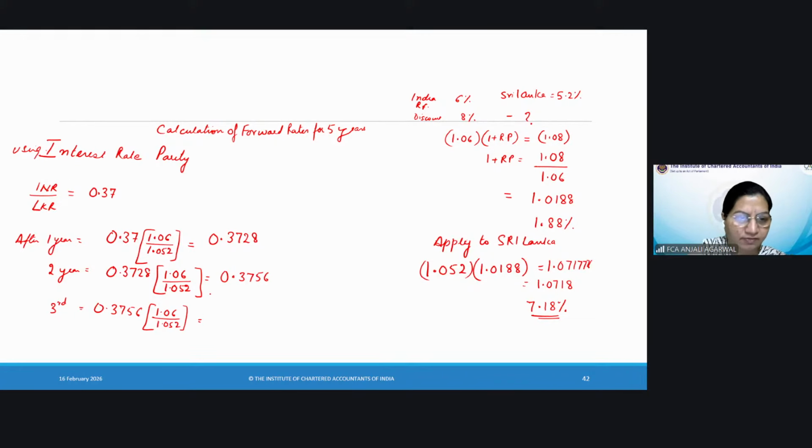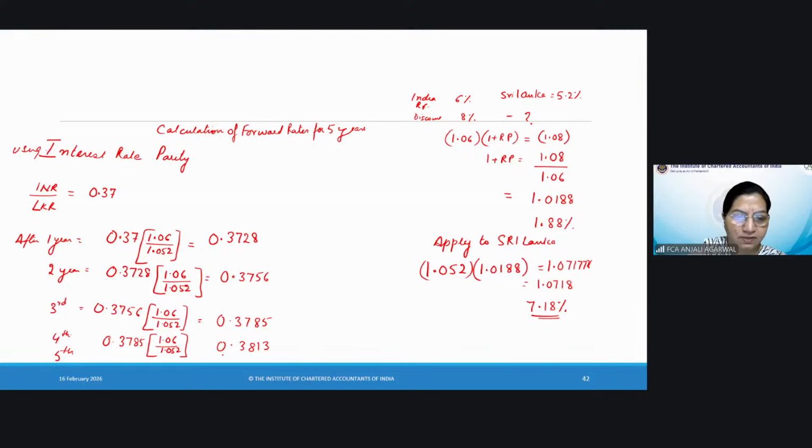So this is 0.3756 into 1.06 divided by 1.052. 0.3785. 0.3785 multiplied by 1.06 upon 1.052. 0.3813 for the 4th year, and last 5th year 0.3813 multiplied by 1.06 divided by 1.052.